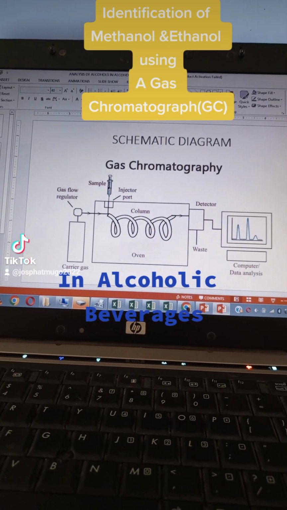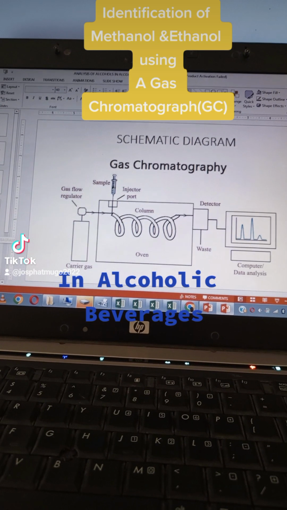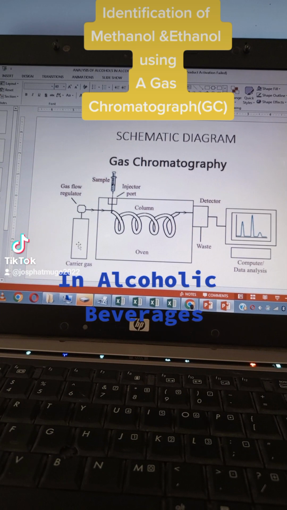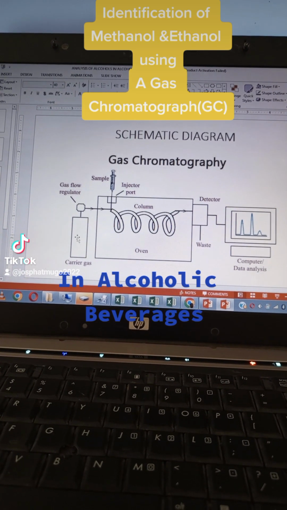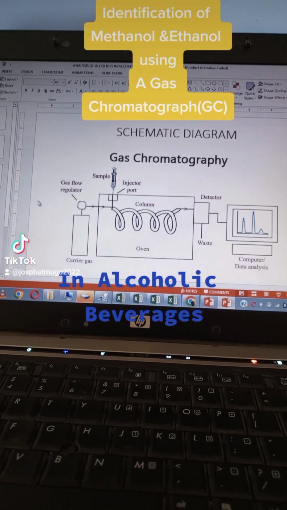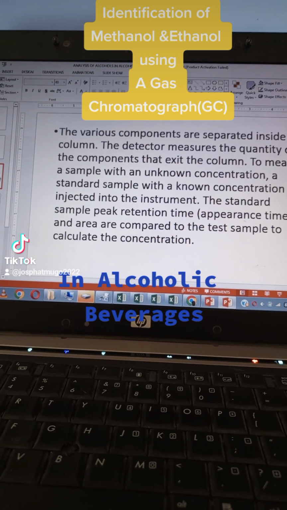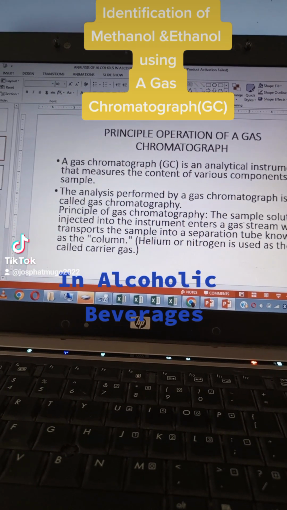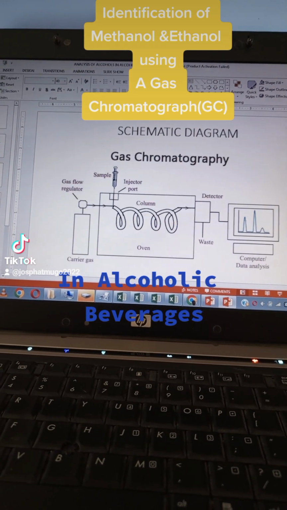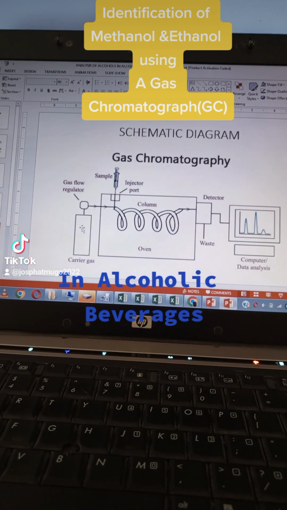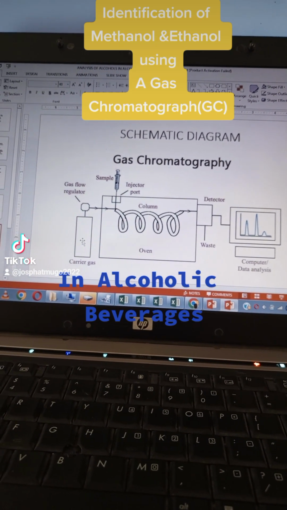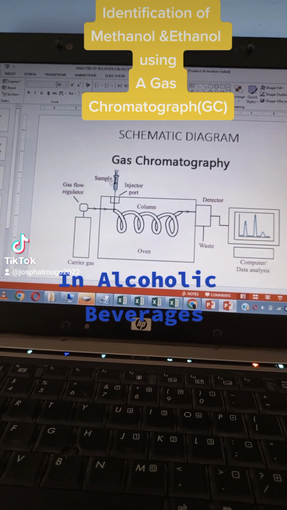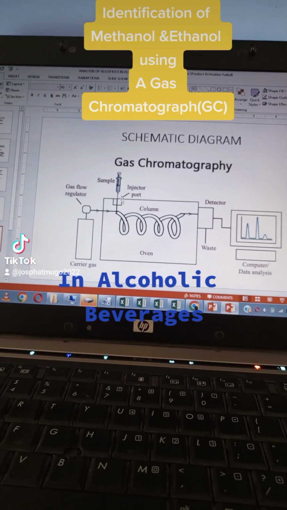This is the schematic diagram of a gas chromatograph. This is where you have the carrier gas. The carrier gas is basically helium or another inert gas, such as nitrogen. The carrier gas carries your sample, which you inject here in the injection port.